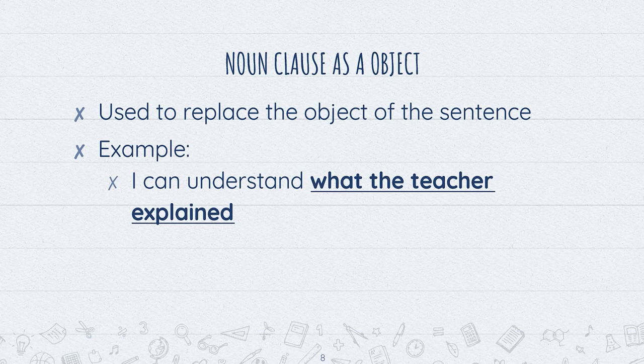In the example, you can see that I have put a sentence, I can understand what the teacher explained. The noun clause here is to replace the object, what can I understand, and I can understand what the teacher explained. So the noun clause is what the teacher explained.